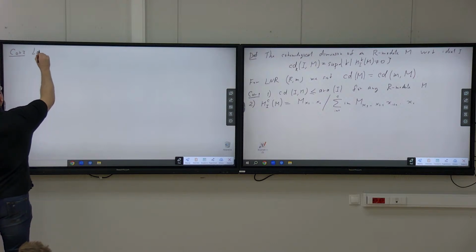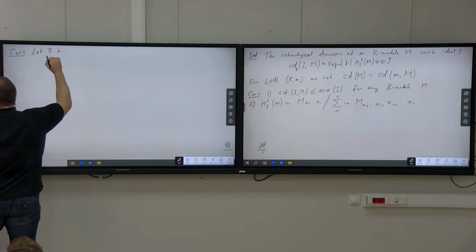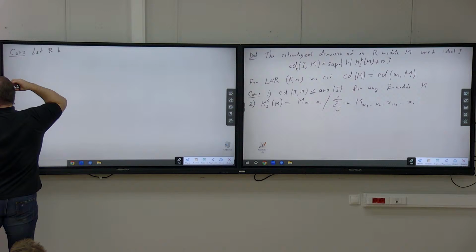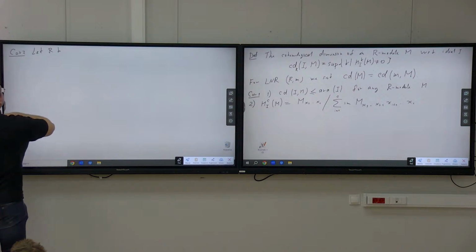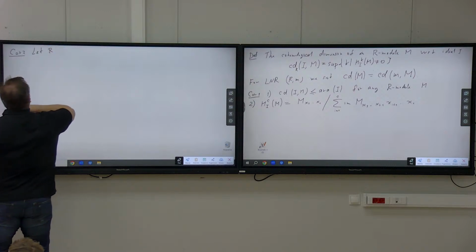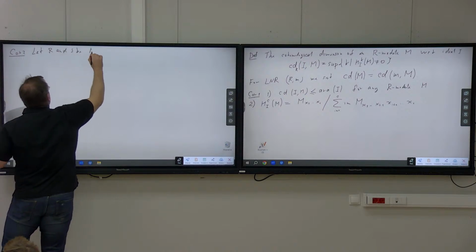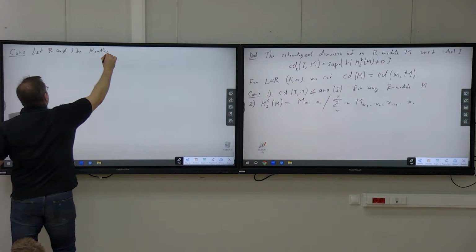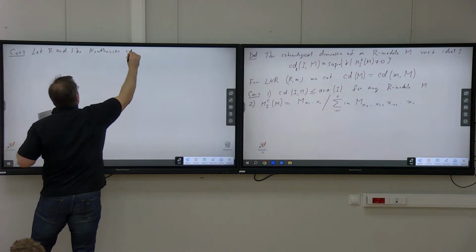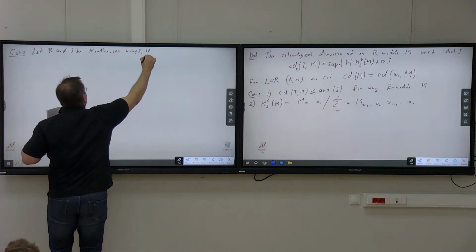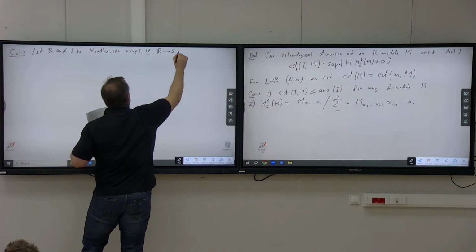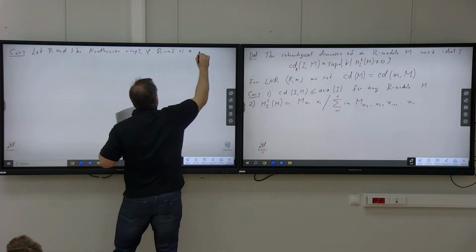So let R and S be Noetherian rings. Phi from R to S is a ring map.